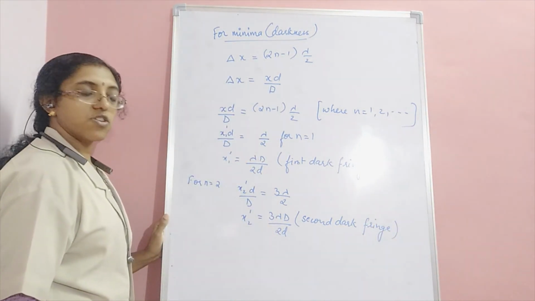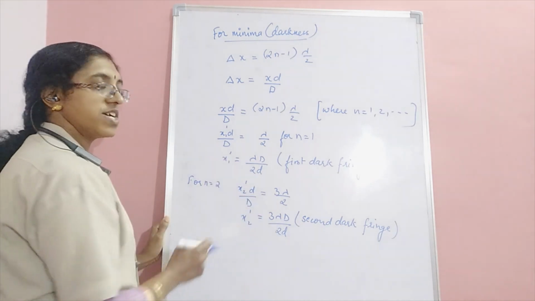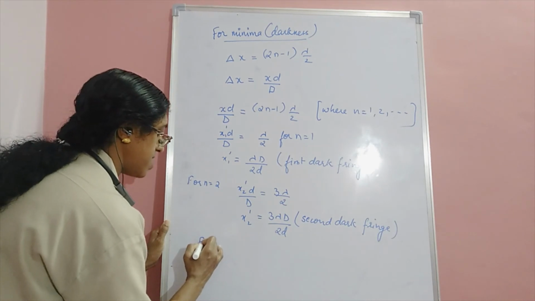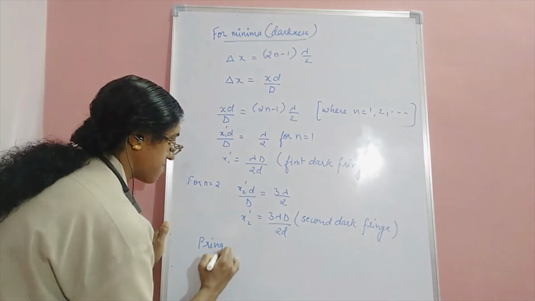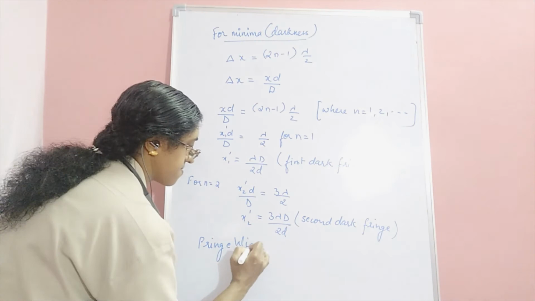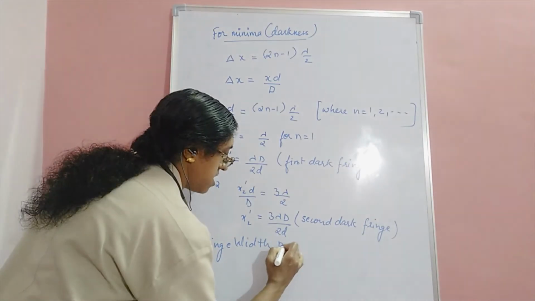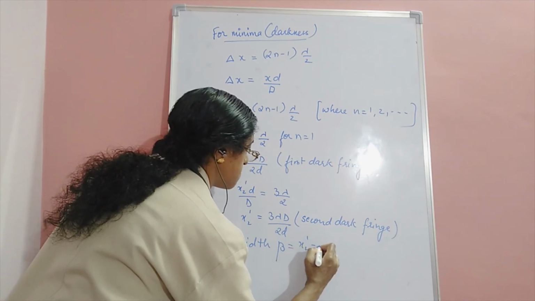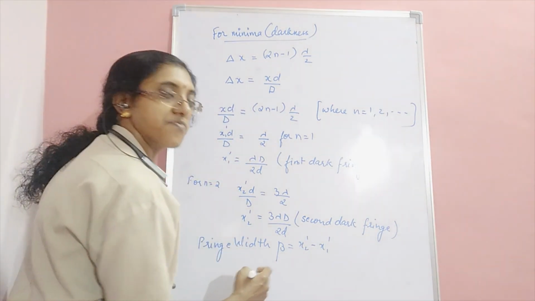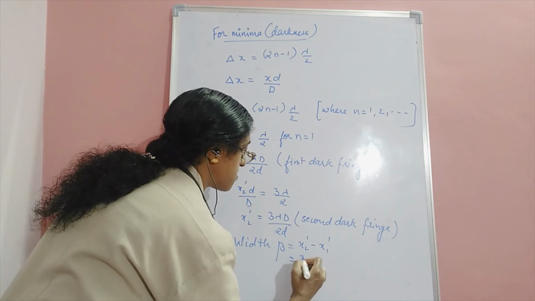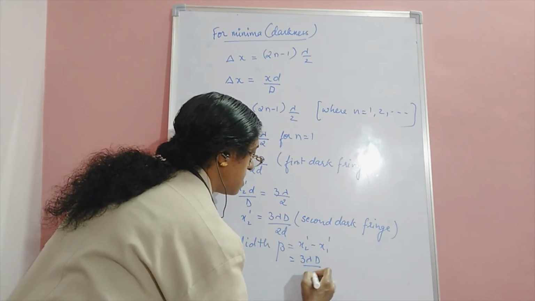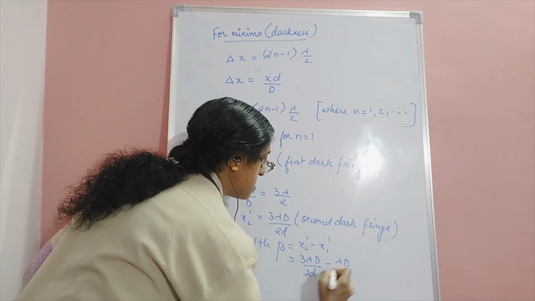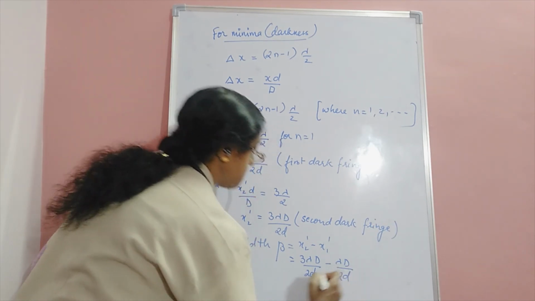Now, to find out the fringe width, that is the distance between two consecutive dark fringes, fringe width beta is equal to x2 dash minus x1 dash, which can be written as 3 lambda capital D by 2d minus lambda capital D by 2d.